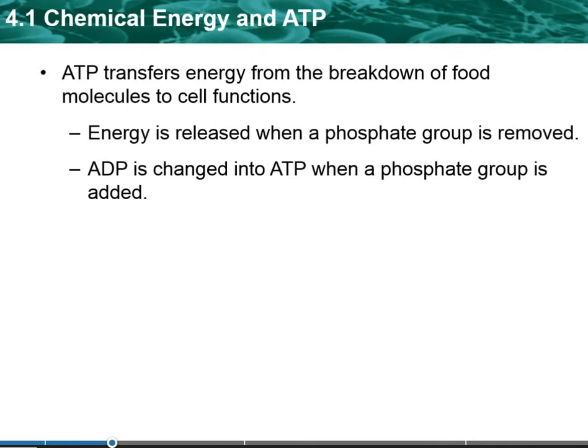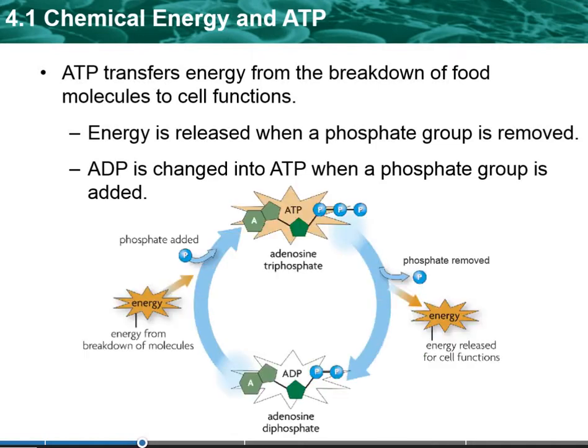ADP is changed to ATP when a phosphate group is added. So when we do respiration, that's going to be making this ADP molecule, which is adenosine diphosphate, into ATP, which is adenosine triphosphate. That's what is seen down here at the bottom.